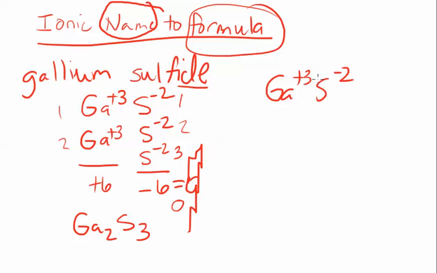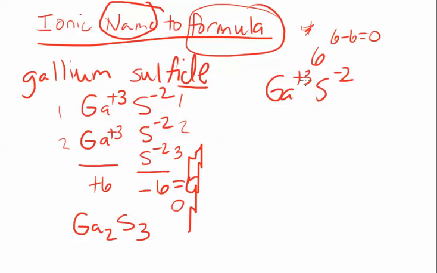What about 4? 4 divided by 3 won't give a whole number. 5 doesn't work. The smallest common multiple between 3 and 2 is 6. So we want a plus 6 and a -6, because 6 minus 6 will give us 0.